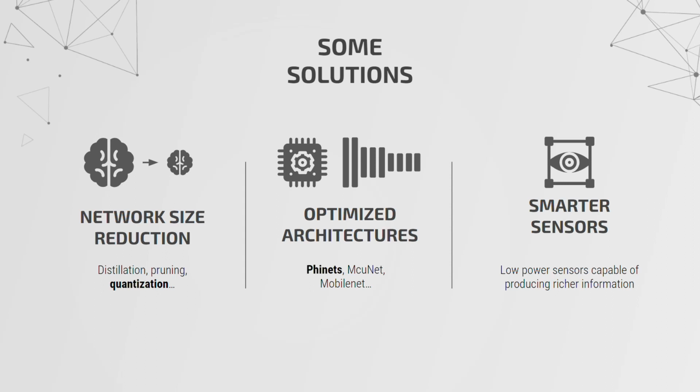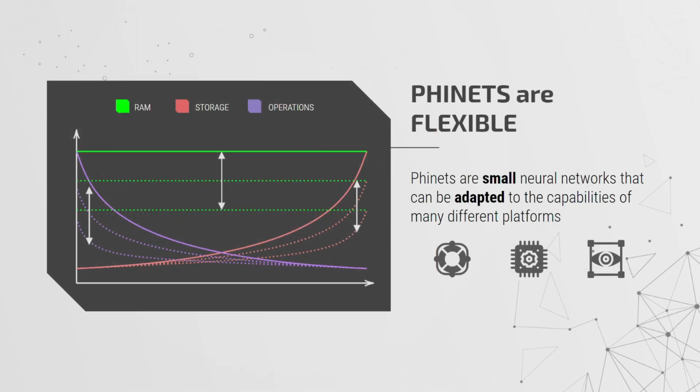I will talk a bit about the architecture that we are using first, and as I mentioned, we are relying on the finite family of networks. Finets are very nice in our case, as they allow us to tune the RAM and storage and operations needed by the network in order to adapt the network to many different devices.